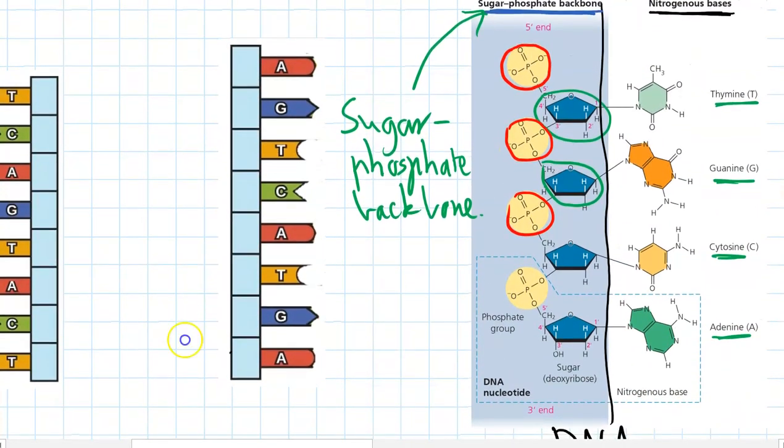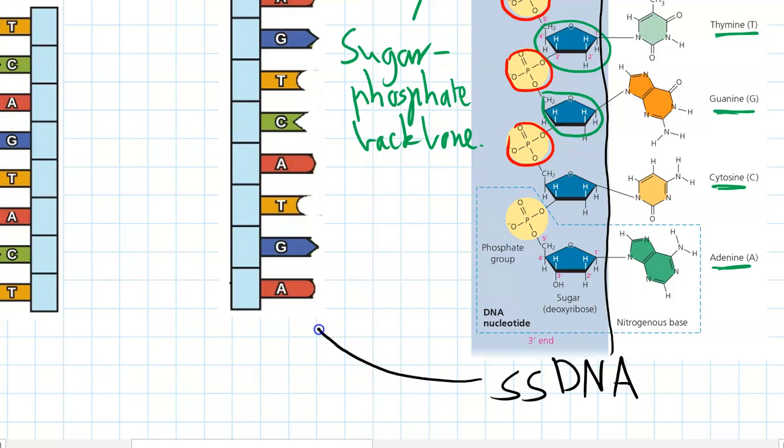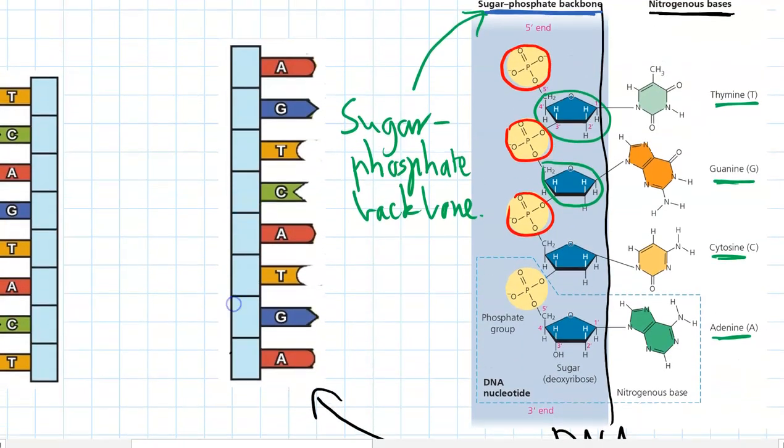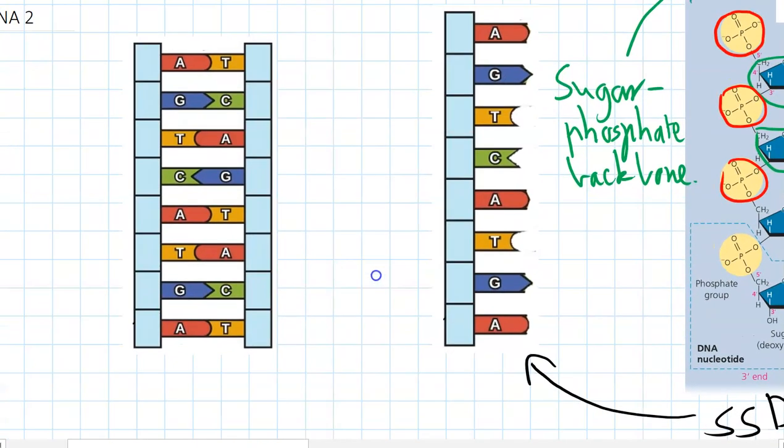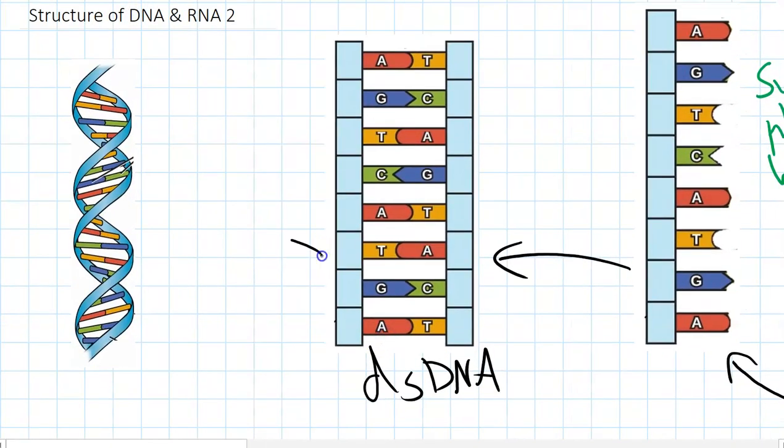So let's zoom out again. So here's our single strand, just as more of a cartoon view. And then we've got the proper view of DNA, which shows that it's actually double-stranded, or 2 strands joined together. And as we know, those strands twist up into the double helix to make our proper structure of DNA.